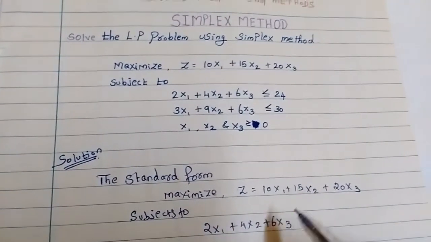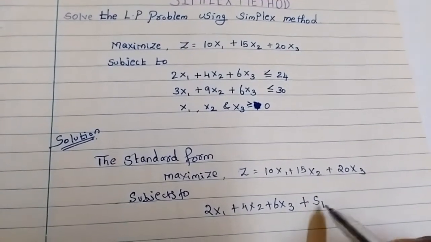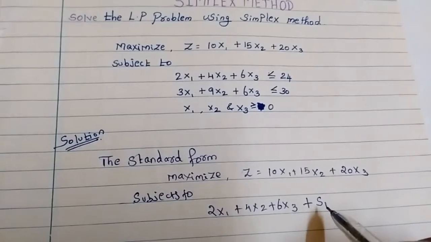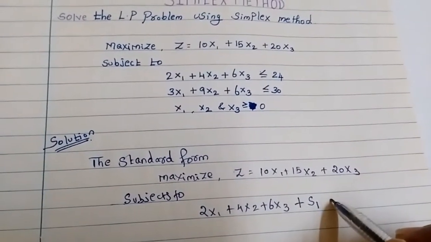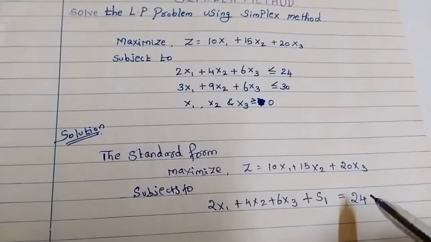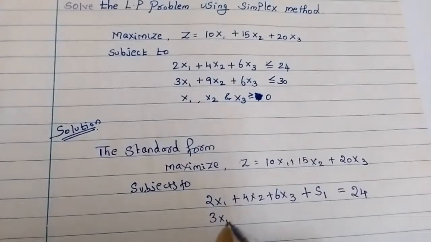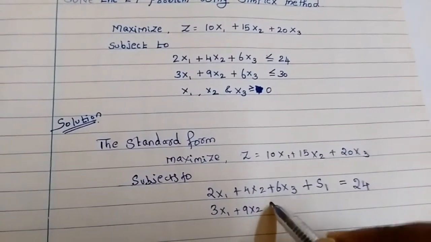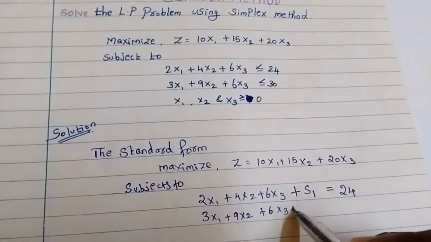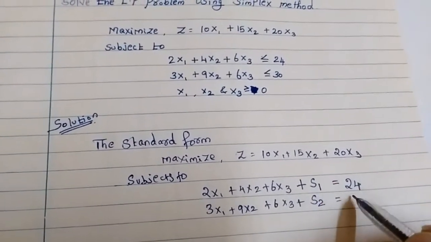Here in this constraint, plus s1, this is called the slack variable. Instead of less than or equal to, put equal to 24. This is the standard form. Similarly, the second constraint, 3x1 + 9x2 + 6x3 + s2, where s2 is the slack variable, equal to 30.